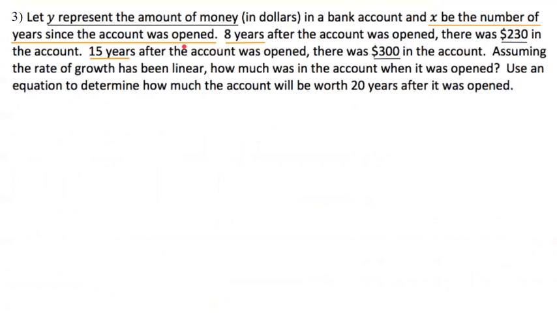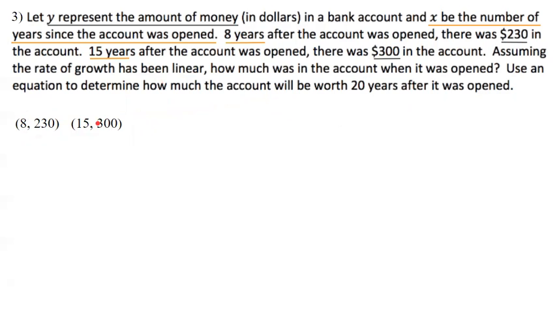Next, we are given 2 data points, 8 years after opening with $230 and 15 years after opening with $300. That translates to the points 8, 230 and 15, 300. Next, we are told that the growth is linear, simply meaning or assuring us that the equation and the graph modeling the growth of money in the bank account can be modeled as a straight line.